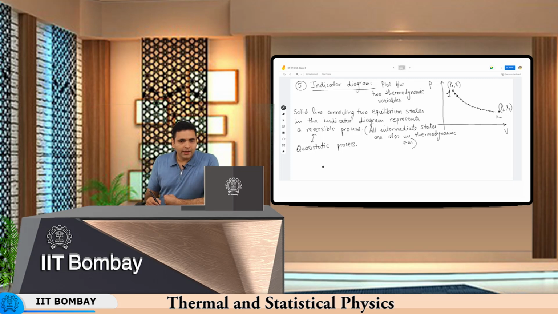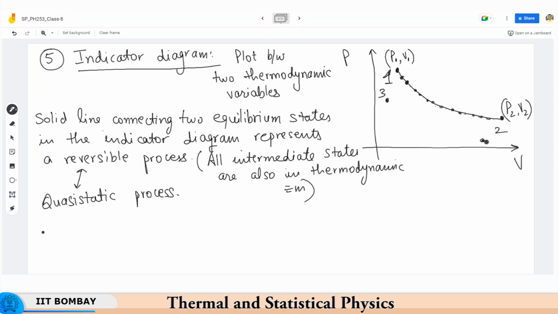All right. And say in another case, I take my system from state 3 to 4, but I do not really care about the reversibility, right. So I do not really care about whether the intermediate states were also in equilibrium, in which case we basically join these two points by a dashed or solid line, right?